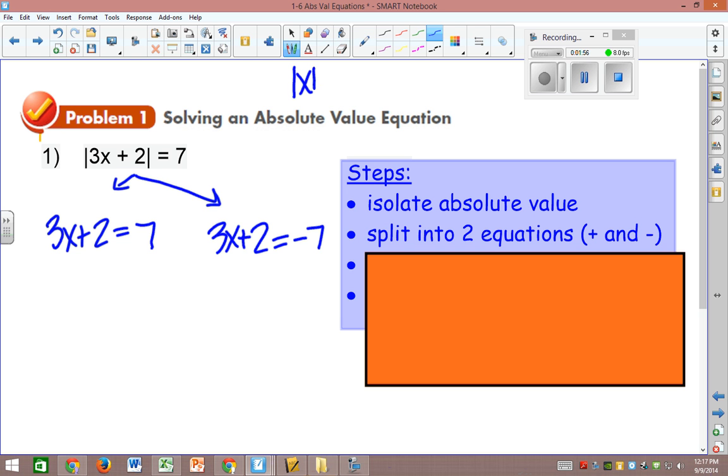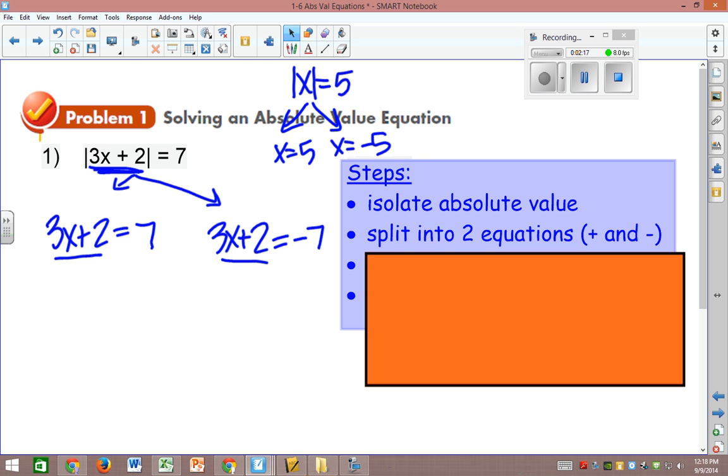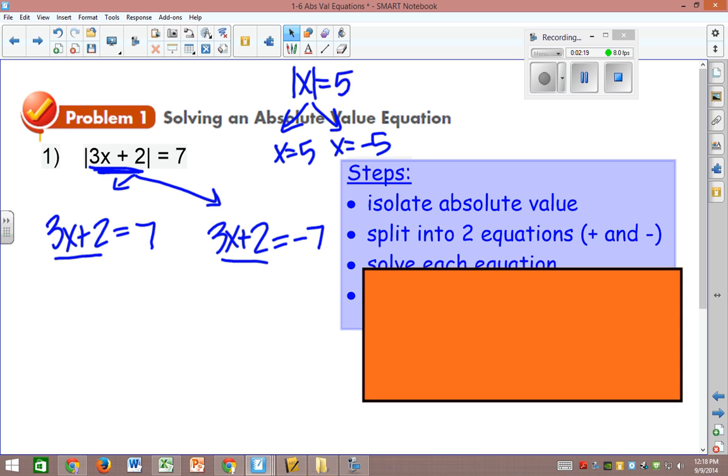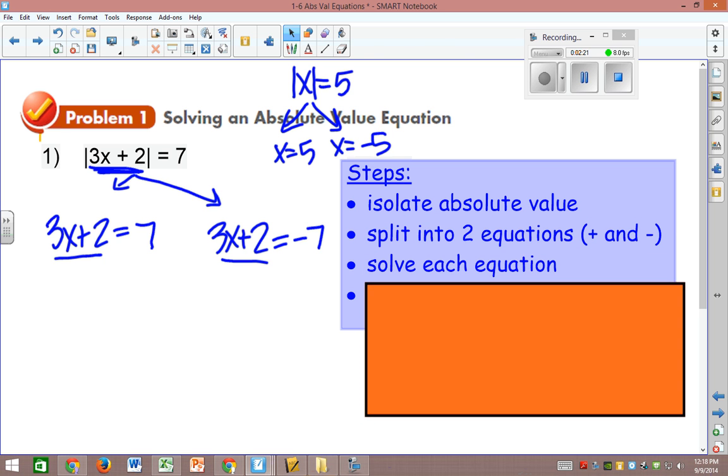If we told you the absolute value of x is 5, x could be 5, or x could be negative 5. So we have to write both of those down. You take the things from inside the absolute value and you do not change that sign. It was 3x plus 2 no matter what. The only thing that changed was the right-hand side of the equal sign. Now it becomes two easy little equations that we solve.